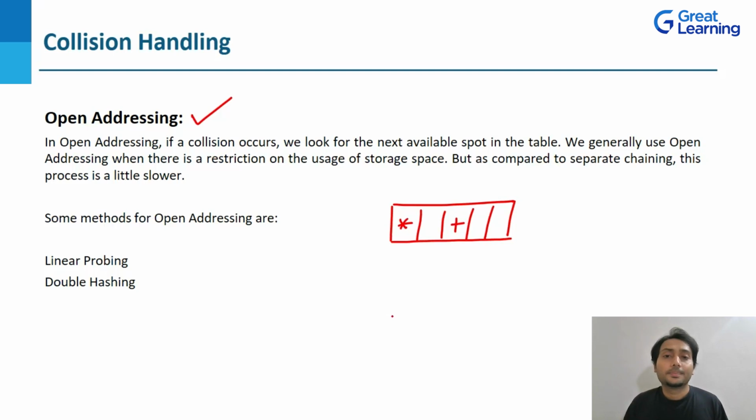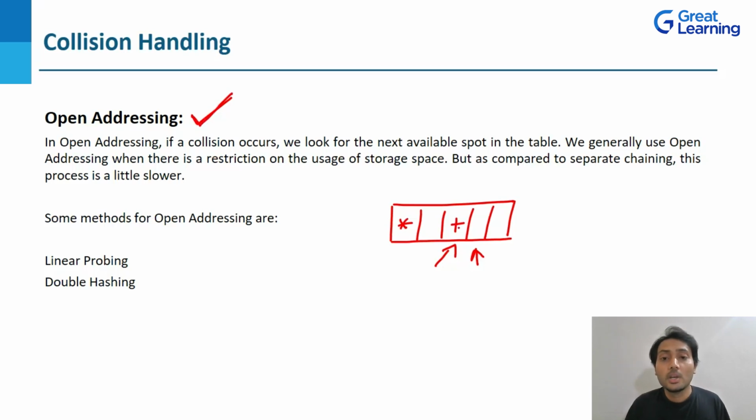Now, if you want the next value to be placed in this location, but this location is already used by some other value, what is the solution for this? You are going to find the next available blank location to fill in the next incoming value. So this is the solution for handling another type of collision.